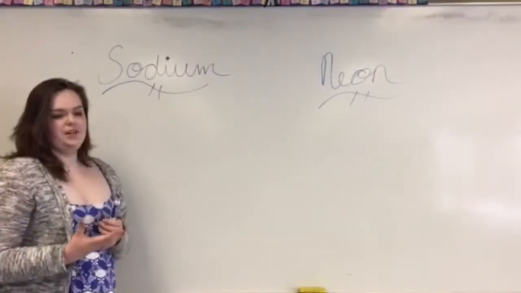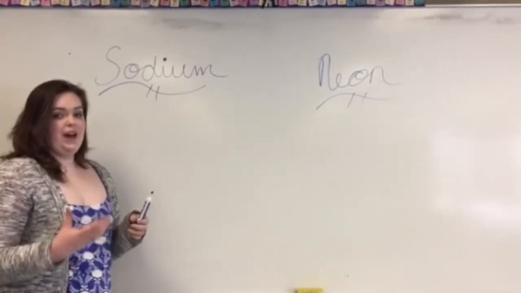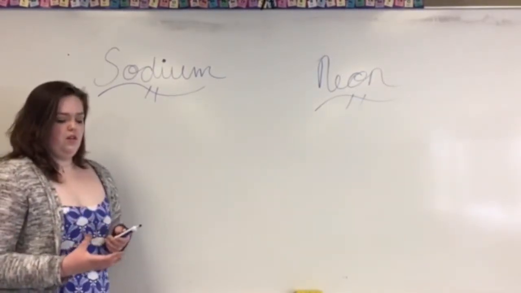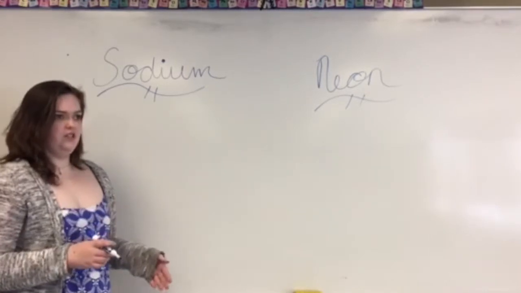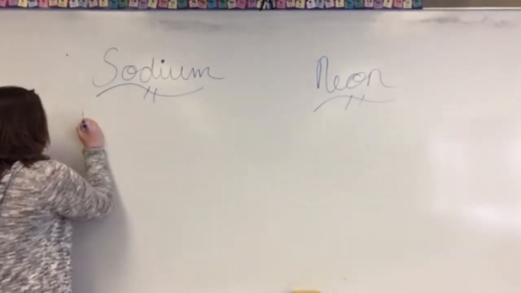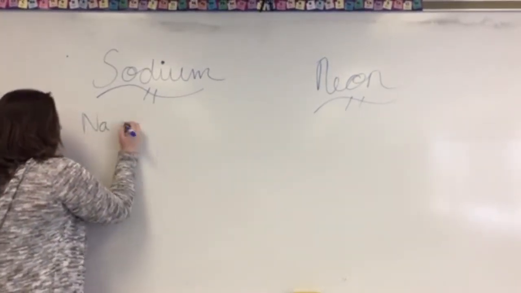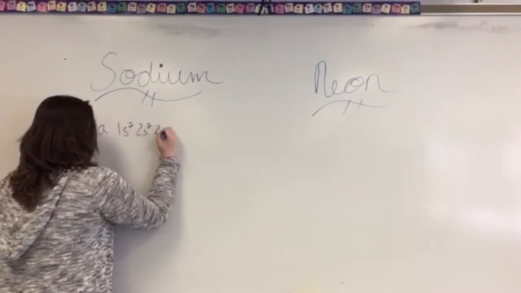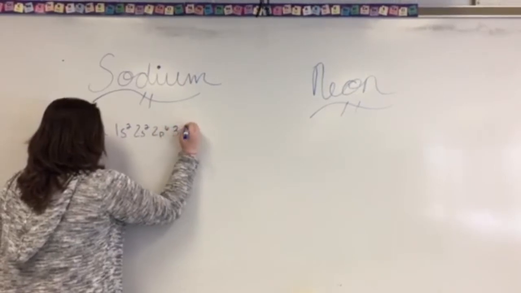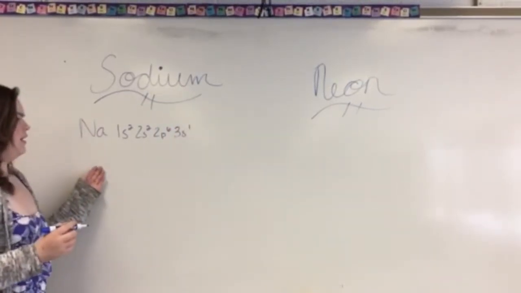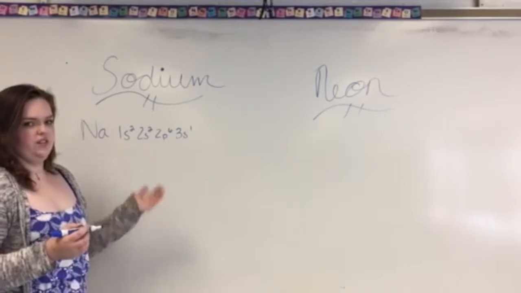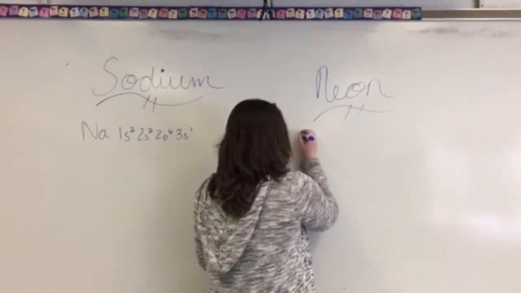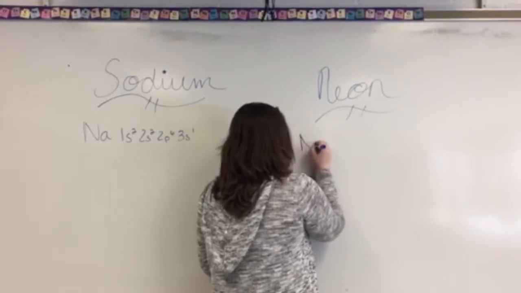So now we're going to talk about when elements will form ions to try and gain noble gas electron configurations. So first I'm going to show you the electron configuration for sodium, which is Na. And that's so as you can tell, it's a pretty simple electron configuration. And now I'm going to show you the electron configuration for neon, which is marked as Ne.